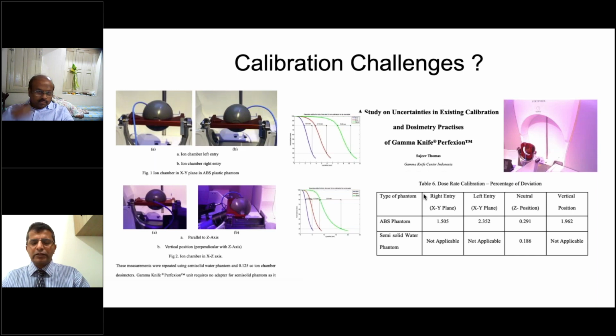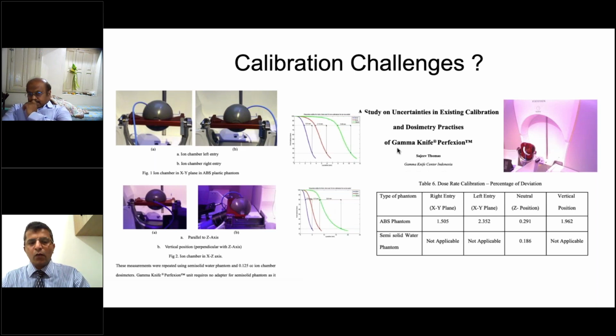If you look into the previous publications, you can see that for the calibration, some of the centers are using this position, but the Elekta protocol recommends this direction. But when we use this one to avoid some of the beams, if we look into the gamma knife profile, we could see that the X plane has more penumbra compared to the Z direction.